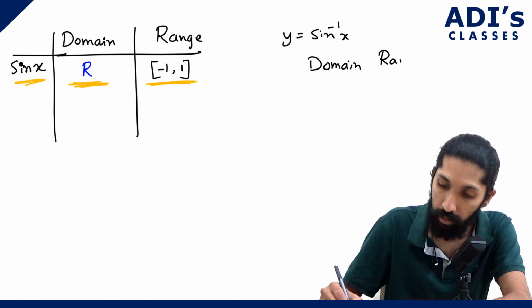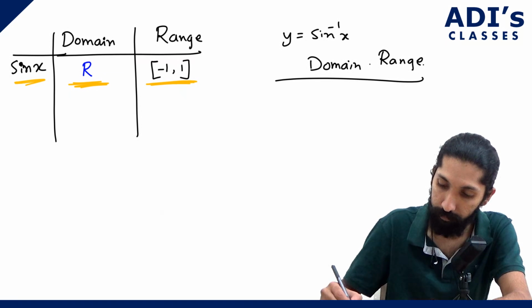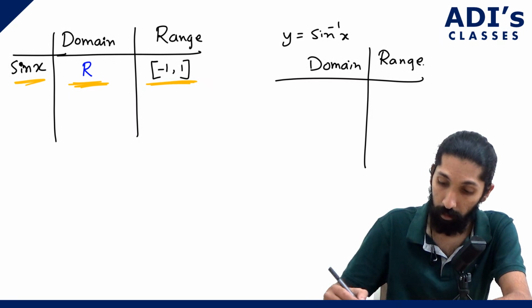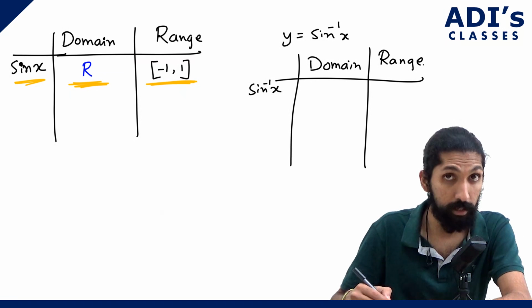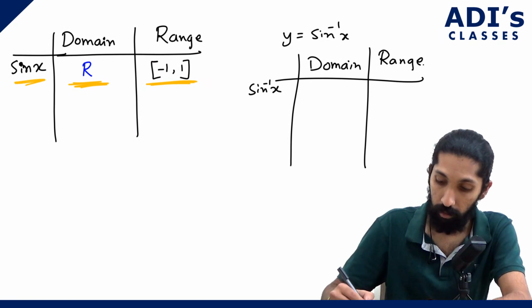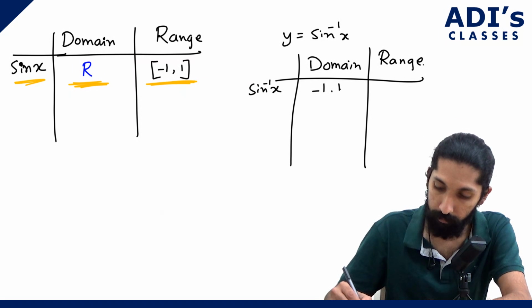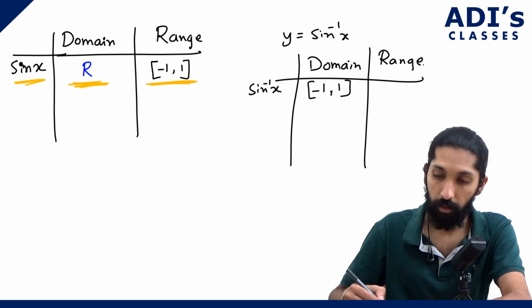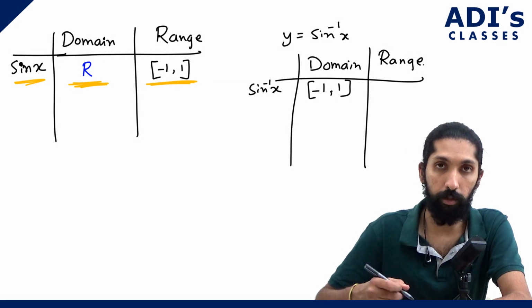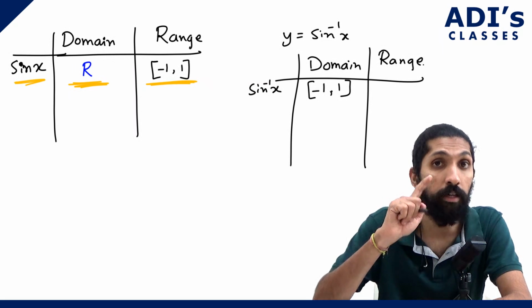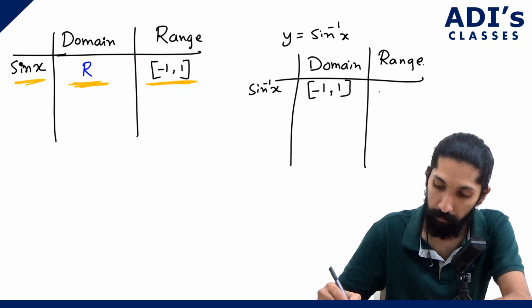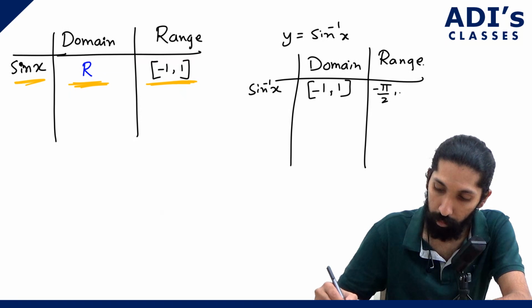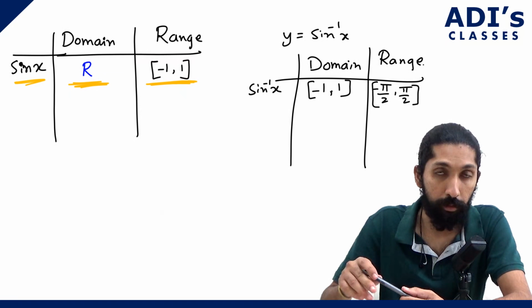The domain of the inverse trigonometric function sine inverse x, specifically, is from -1 to 1, any value from -1 to 1. Whereas the range will change. The range will be just from -π/2 to π/2. You might be wondering why only from -π/2 to π/2.